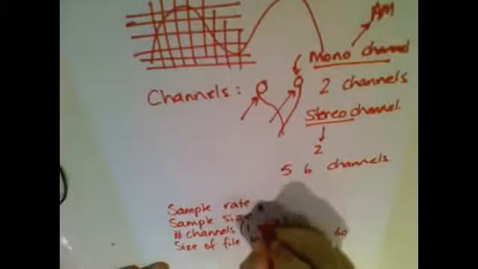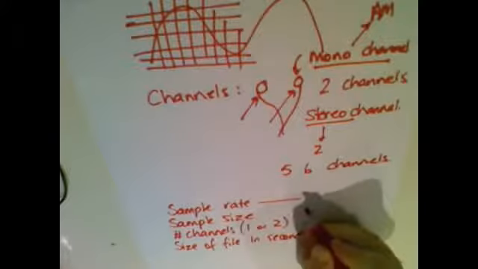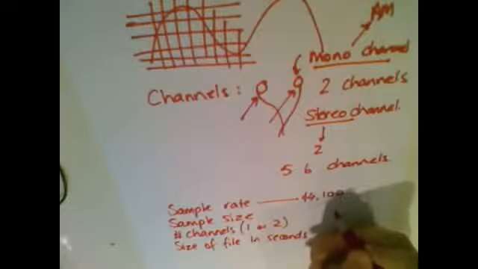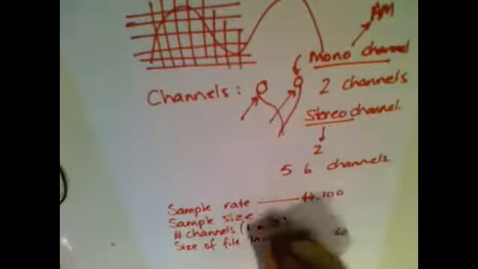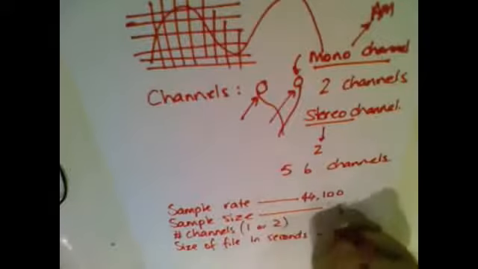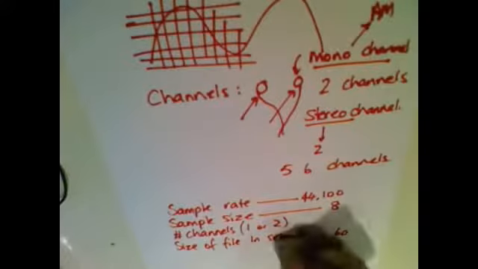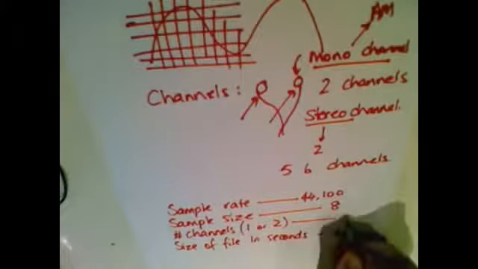So what we have here, the sample rate would be either those horribly long numbers of 44100 or 22050. The sample size is either 8 or 16 bit. So I'm going to say 8 here. And the number of channels is either 1 or 2. So I'm going to say 2.